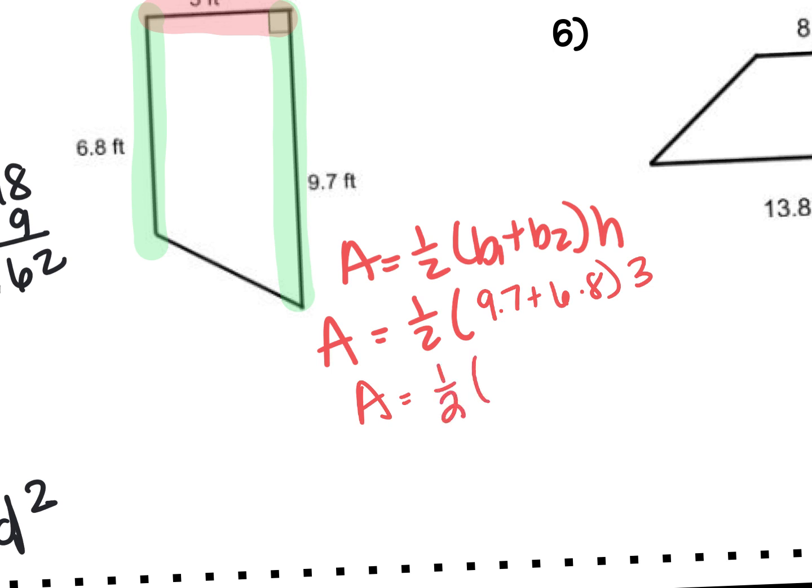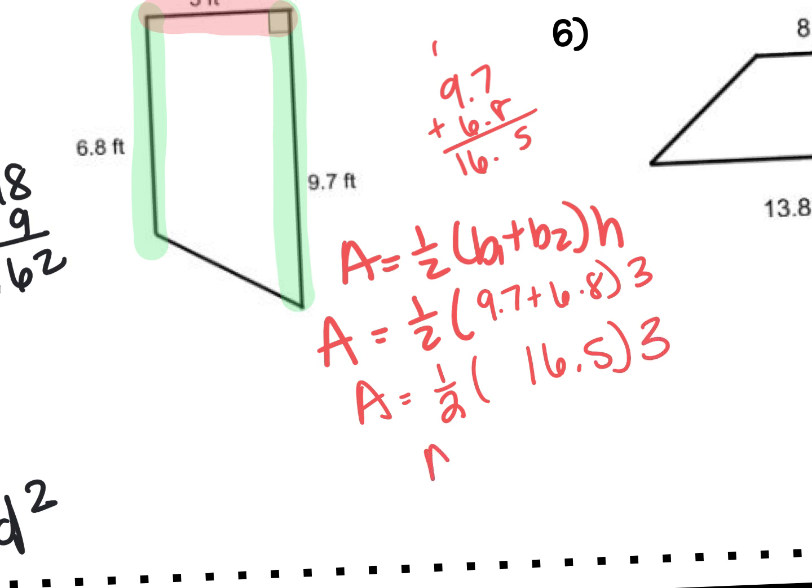Bring down your half. Let's see, 9.7 plus 6.8. Let's see. It is 16.5 times 3. Okay, so on this one, I know what half of 3 is.